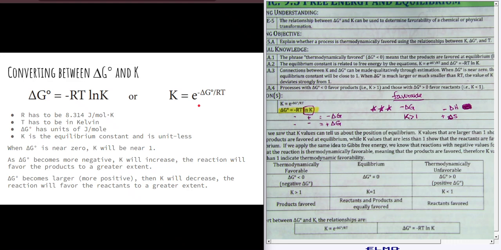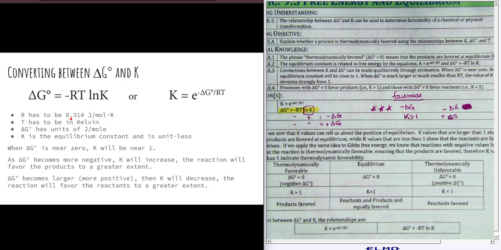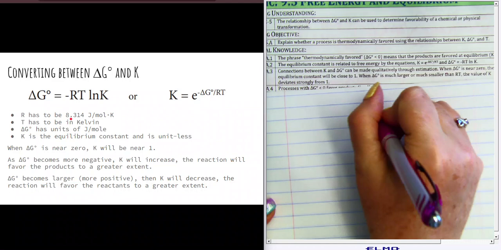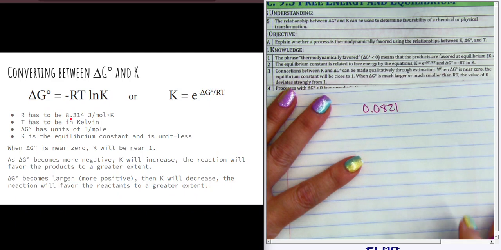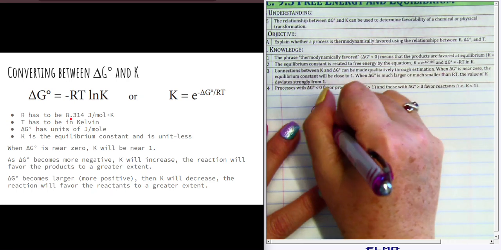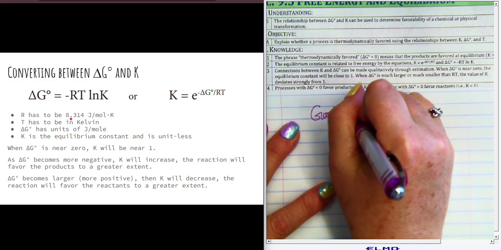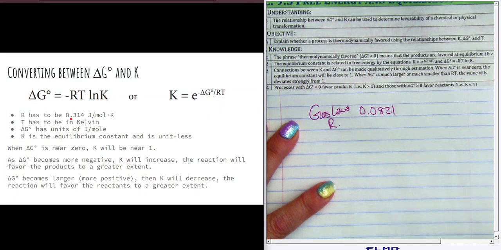Now, on your formula sheet you have more than one R value. So that's another thing I want to talk about. Pay attention to your R values, because there are a couple on there. So you have the R value that's like 0.0821, and it might say 8206, whichever, it doesn't matter. This is our gas laws R. How do I know that's gas laws R?